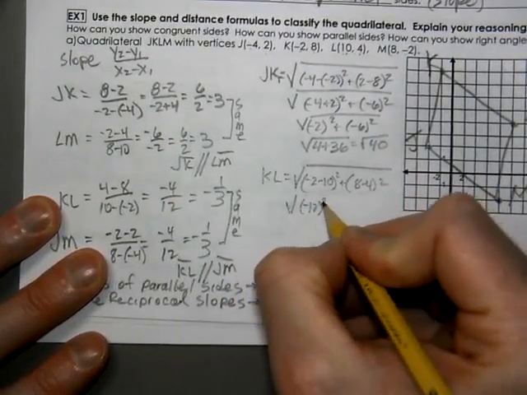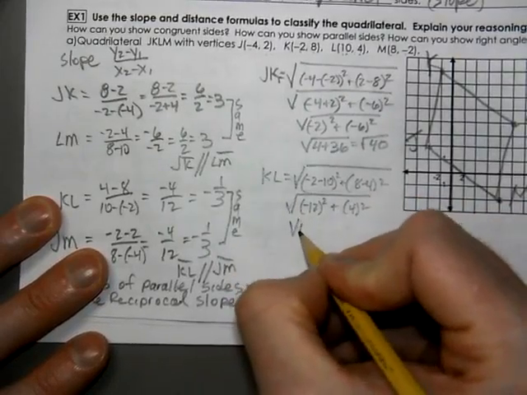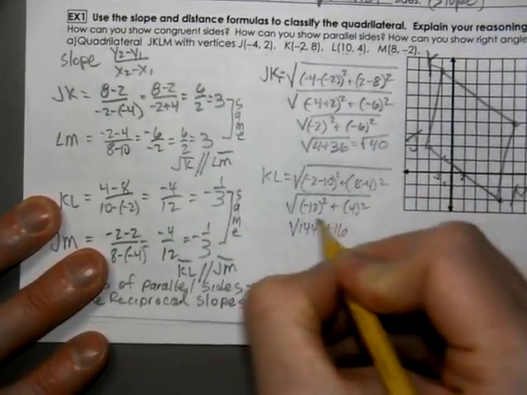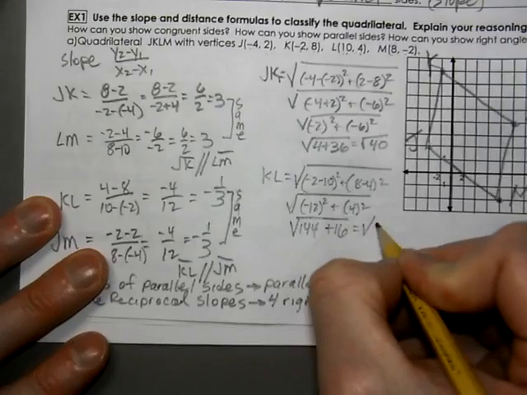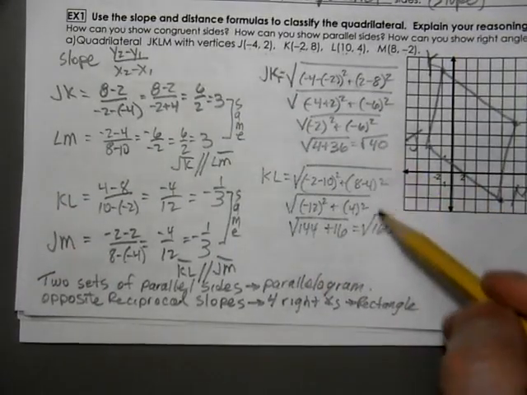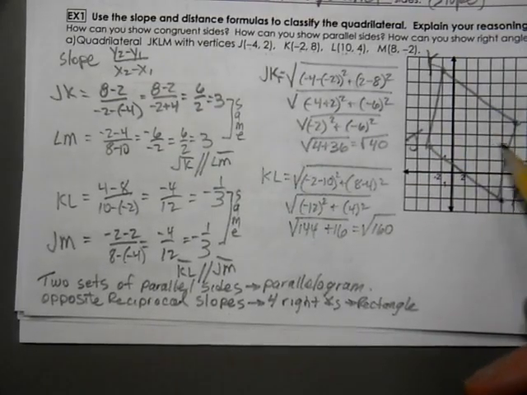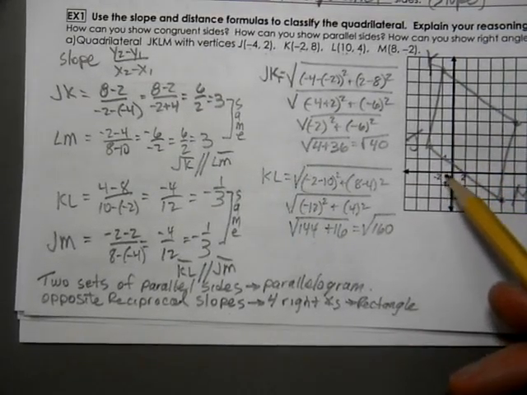Negative 12 squared, 4 squared, that's 144 plus 16, that comes out to 160. So those are clearly different. So the consecutive sides, even though they look like it here, it's the scale that makes it look different.